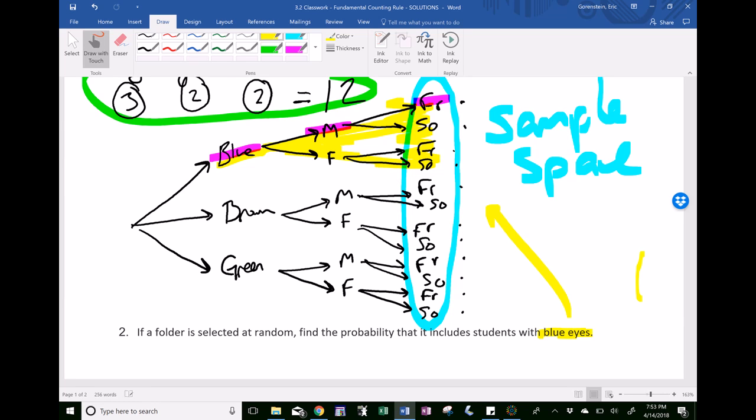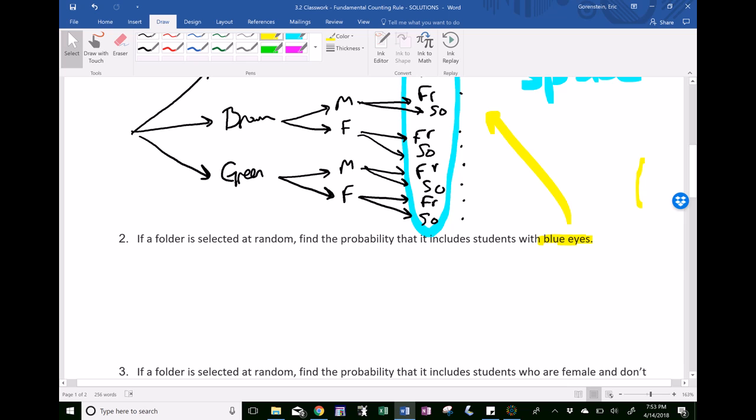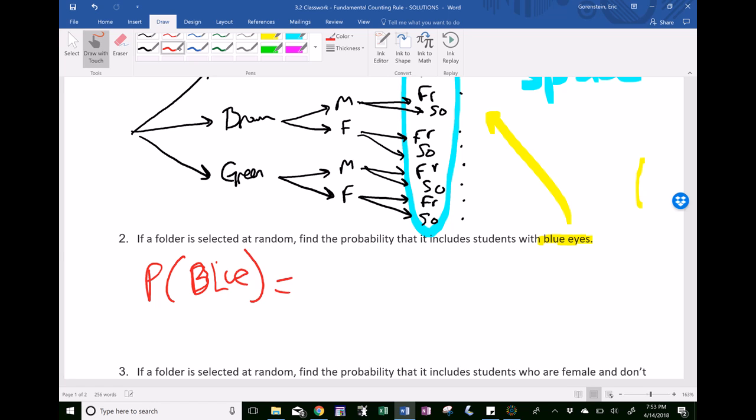So if one folder is selected at random, the probability of blue eyes: there are 4 possible students classified as blue eyes out of the 12 total, and let's reduce this to 1 out of 3. So the probability of choosing a student with blue eyes would be 1 out of 3.